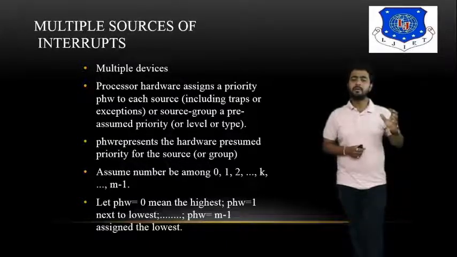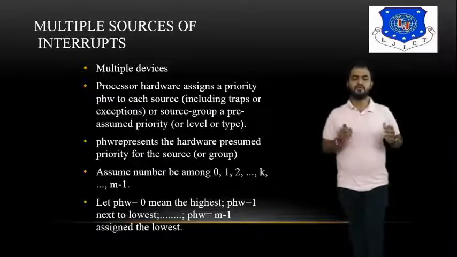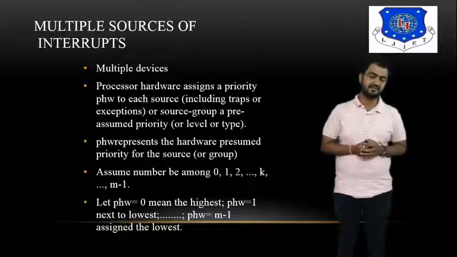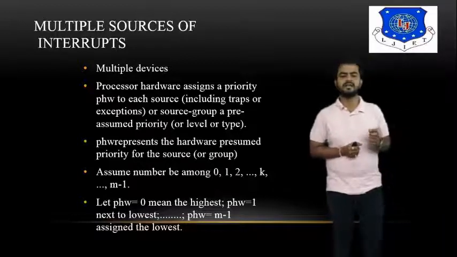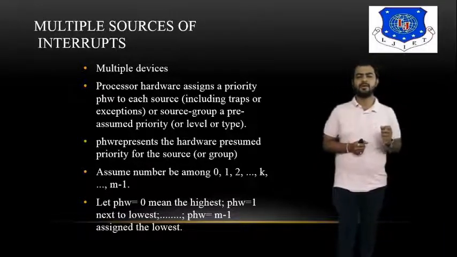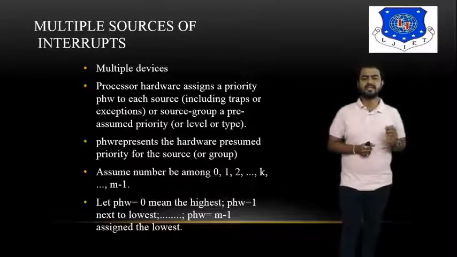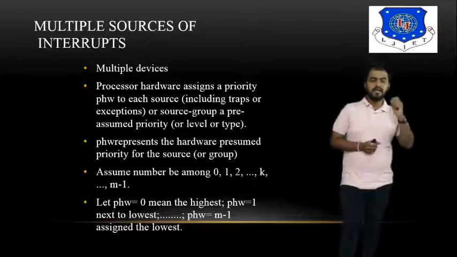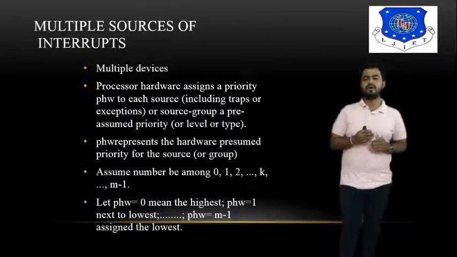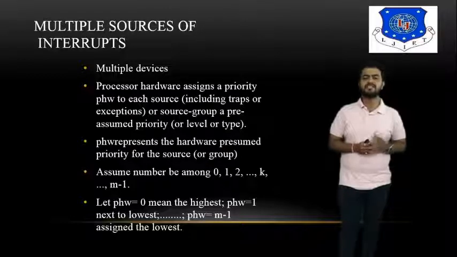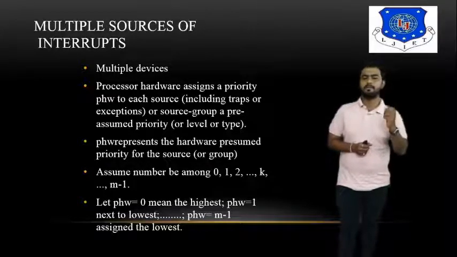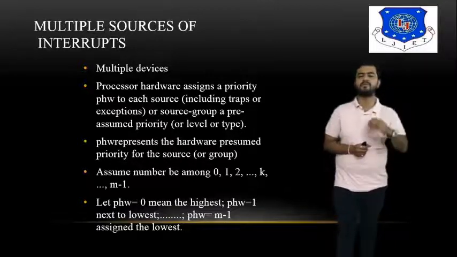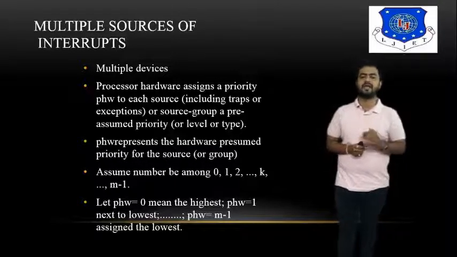Now, if you're talking about multiple sources of interrupt, meaning you want to deal with multiple data at a time, you have to deal with multiple devices. The processor hardware assigns a priority PHW to each source, including the trap or exceptions, or source group of presumed priorities or levels. PHW represents the hardware presumed priority for the source or group and takes a number from 0, 1, 2, 3 up to m and so on.